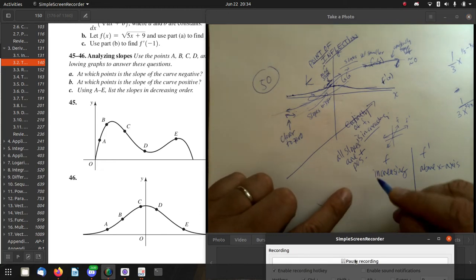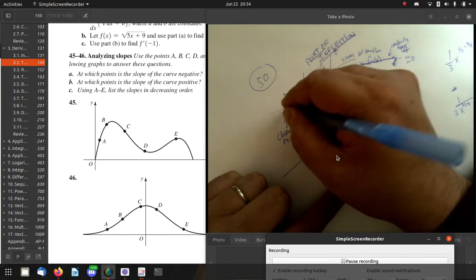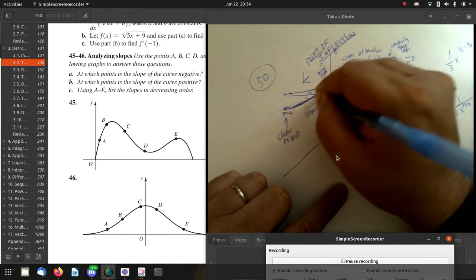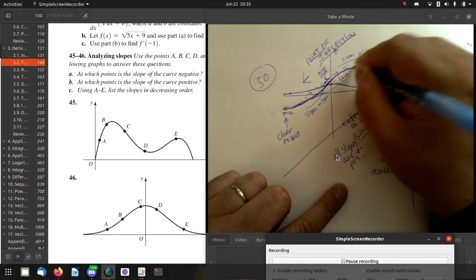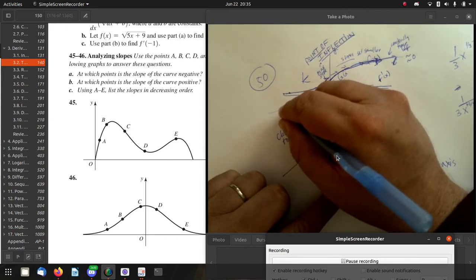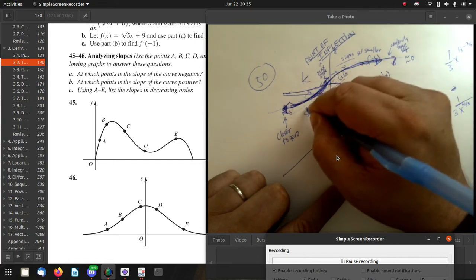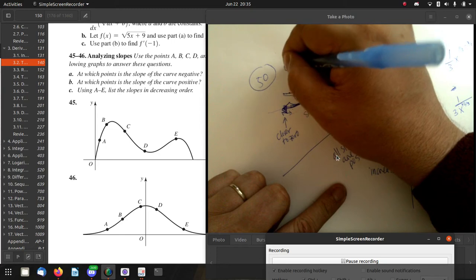And I guess the last thing I want to say is that if you notice on original f, so this is original f here, the shape is upwards, and that shape there is called concave up.